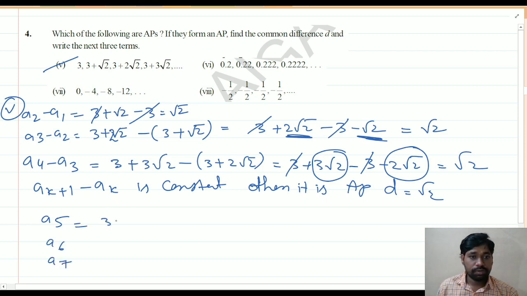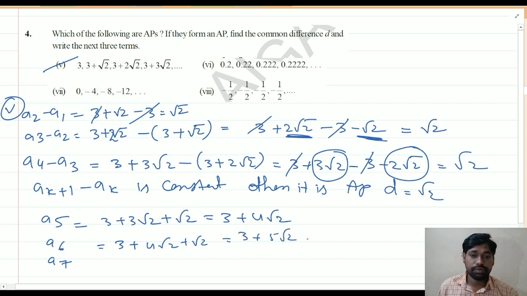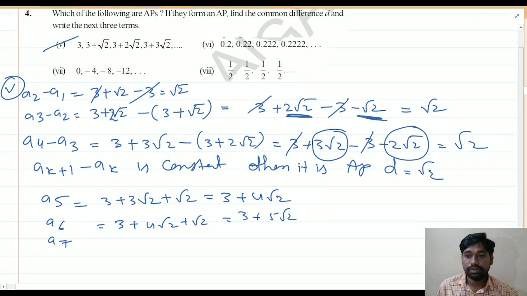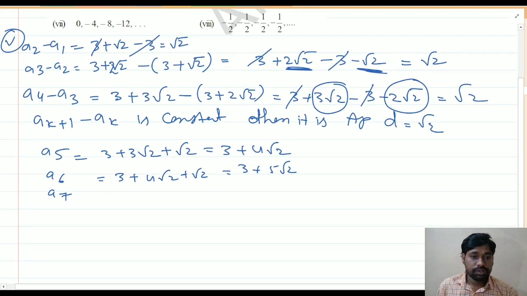So 3 plus 3 root 2 plus root 2 is equal to 3 plus 4 root 2. Next, 3 plus 4 root 2 plus root 2 becomes 3 plus 5 root 2. So next, 3 plus 5 root 2 plus root 2 becomes 3 plus 6 root 2.